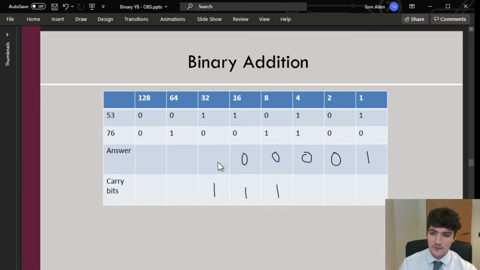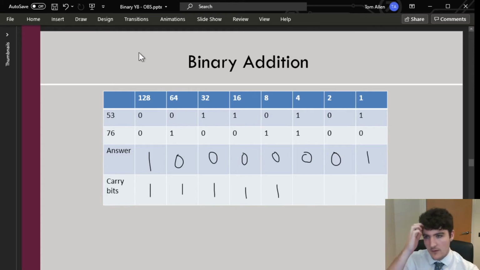Again, 1 plus 0 plus the 1 is 0 carry 1. And now we have 0 and 1, and we've got that 1 as well, so we'll do 1 plus 1 is 0, carry 1, and then we obviously take account of this carry at the end, so that's 1 there. The only one to worry about is if you have a 1 plus a 1 and you've got a carry bit down here.